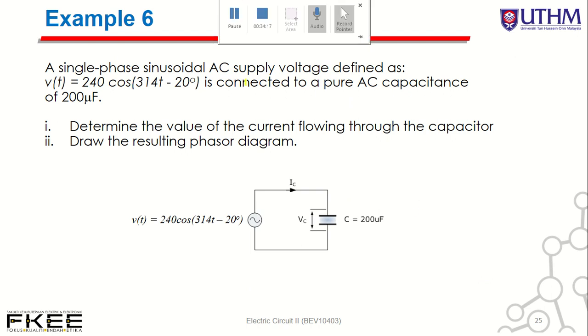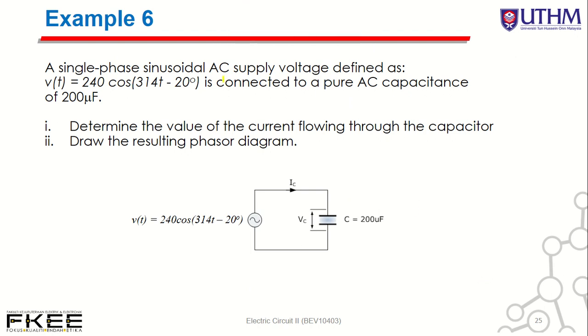Let's say we have a single phase sinusoidal AC voltage supply defined as VT equal to 240 cos omega t minus 20 degrees. It is connected to a pure AC capacitance of 200 microfarad. The question is to determine the value of current flowing through the capacitor, IC.